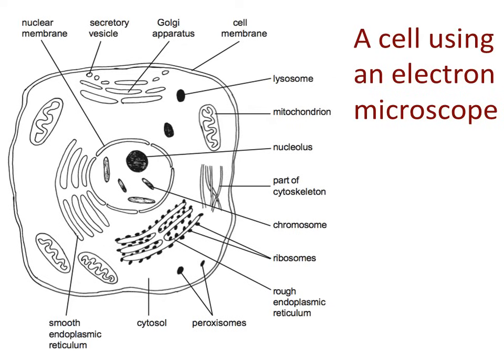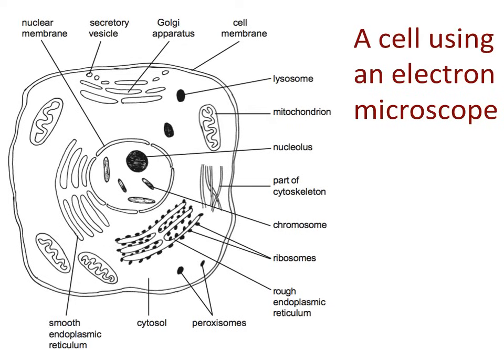And all human cells contain 46 of these chromosomes, 46 of these bodies, arranged into 23 pairs. And the chromosomes contain structural proteins called histone proteins, but they also contain the genes, which are the genetic information responsible for controlling the cell.